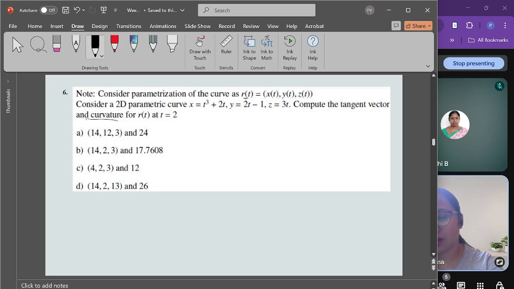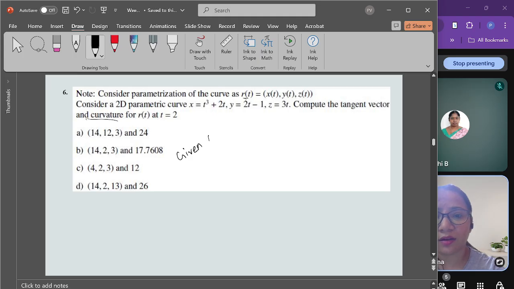Here, again given the parametric curve, we have to solve in the same way. So can you calculate it in parallel also? Next, we will see how to compute the curvature. Till now you can compute the tangent vector.